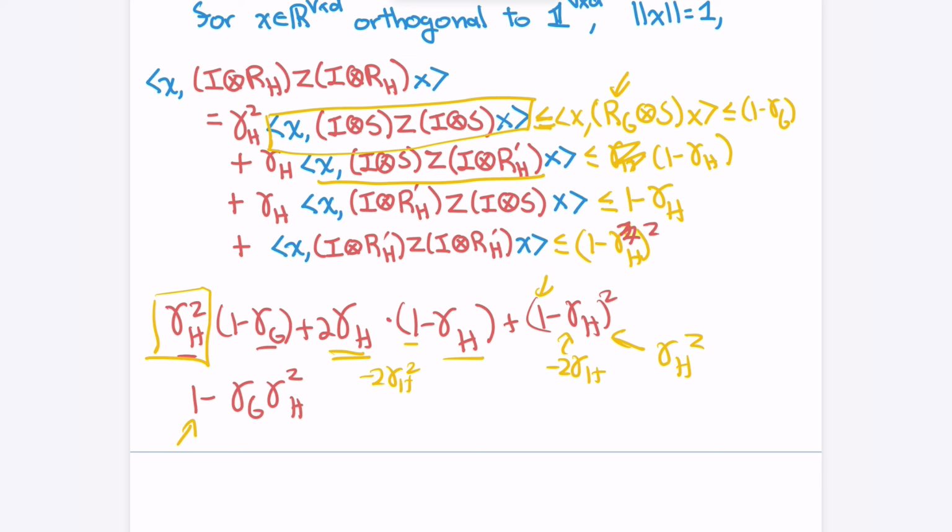There's 1 gamma H squared, 1 gamma H squared, and then negative 2 gamma H squared. So that'll kill each other. And then you're just left with 1, and then gamma G, gamma H squared. Okay? So we did it. And we didn't even use AM-GM illegally.